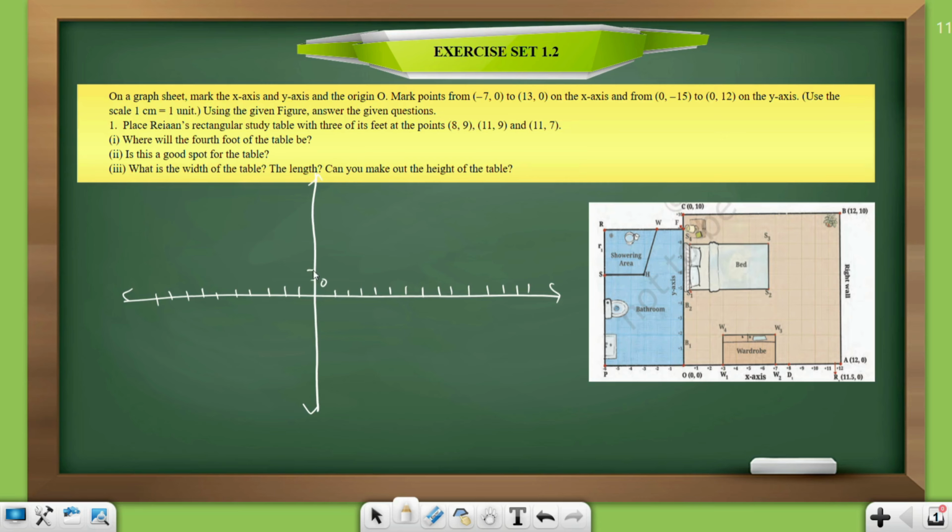Here it's 1, 2, 3, 4, 5, 6, 7, 8, 9, 10, 11, and similarly -1, -2, -3, -4, -5, -6, -7, -8, -9 and -10.